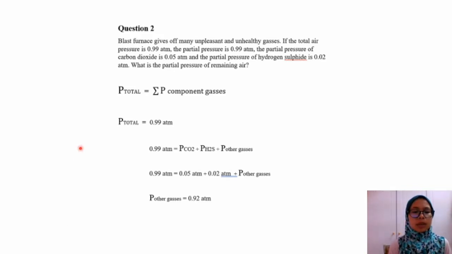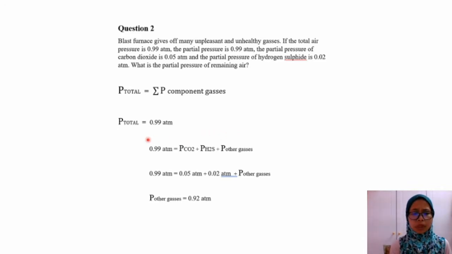Again, P total is equal to the total of P component gases, as you have been introduced to Dalton's law of partial pressure. So, this question is a direct question. It's already given P total, which is 0.99 atm. So, we consider the total of P component gases is PCO2 plus PH2S plus P other gases.